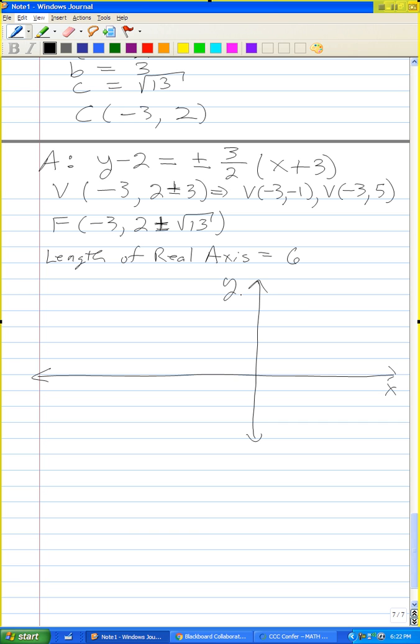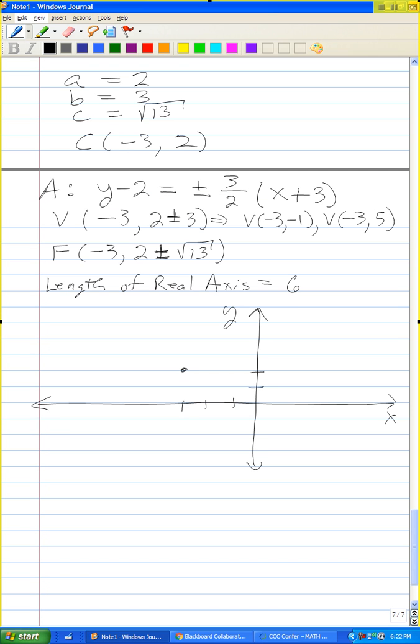Y, and so let's see, the center is at -3, +2, and a is 2.